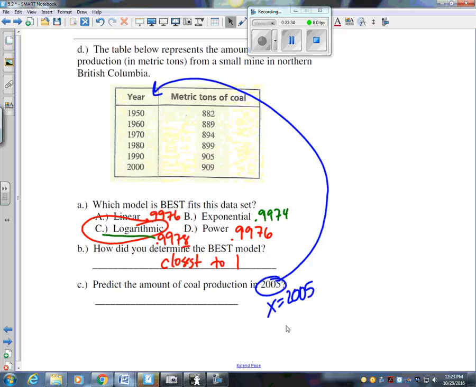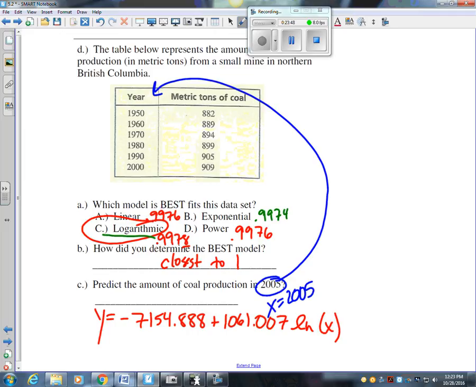That equation is y equals negative 7154.888 plus 1061.007 ln x. So I'm simply going to plug 2005 into the X spot and type all that in my calculator. Remember, the ln button is next to the 4, and you get 912.372.